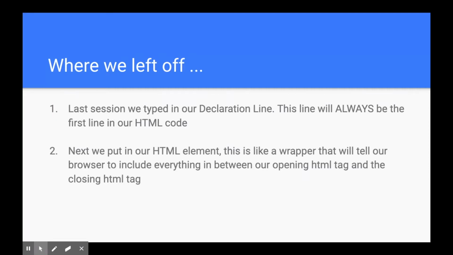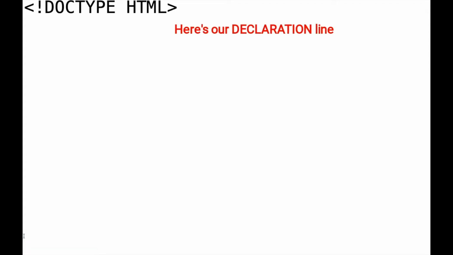We did not save any code from last session, so today we will retype the declaration line and the opening and closing HTML tags, and then anything else we add this week, we will actually save in a folder so that when we come back to it, we pick up where we left off.